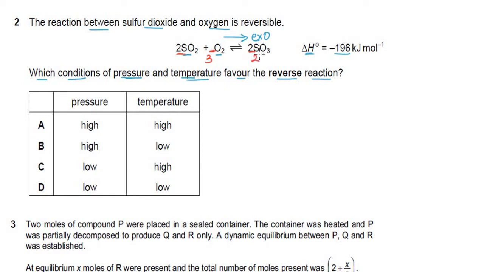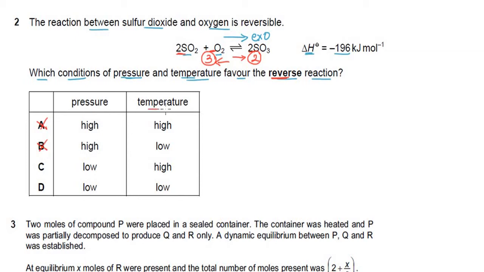So there are fewer molecules on the product side, and so the forward reaction is favored by high pressure because high pressure favors fewer molecules. But we have a question on the reverse reaction, so we should have a low pressure to favor more molecules. So options A and B get cancelled off for the same reason.